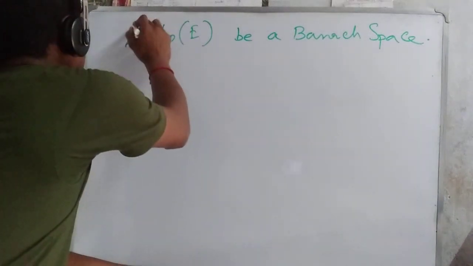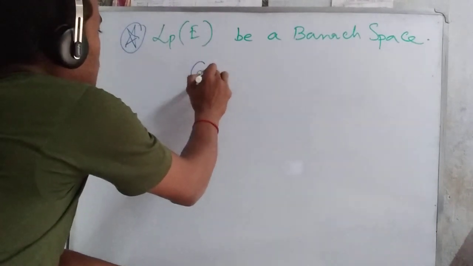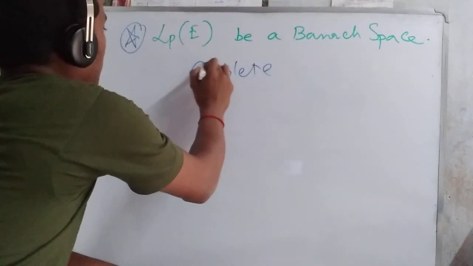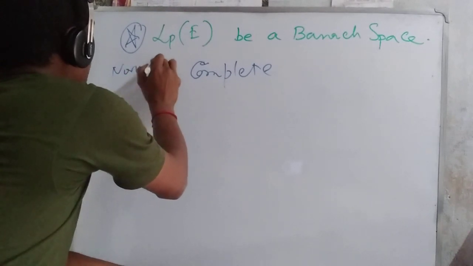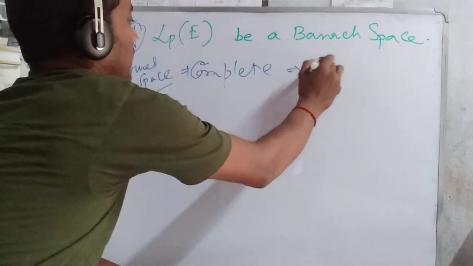That means those spaces which are complete. Norm space, we write it in short. A complete normed space implies a Banach space.